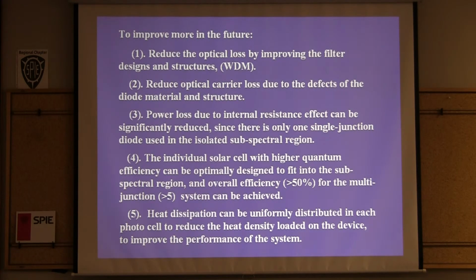The energy will be distributed over 5 to 10 diodes, each a single junction. That will reduce the temperature effect, so the device is not heated too high. This is very useful to improve the performance of the system. Otherwise you have to use a special cooling system. When the temperature increases, even if your efficiency is very high, the efficiency will go down. That's not very good.